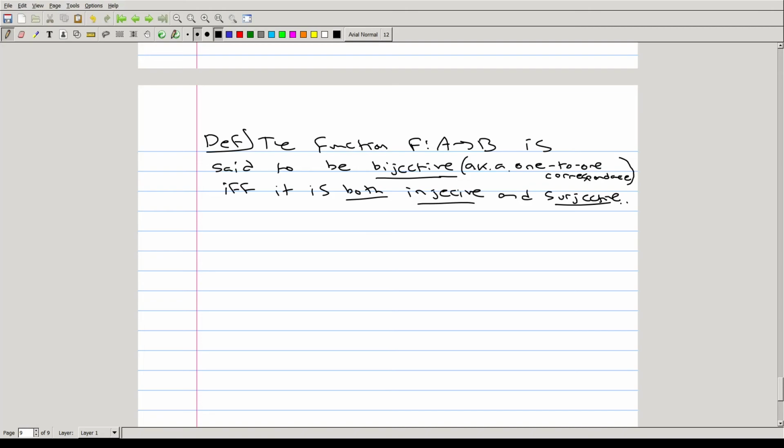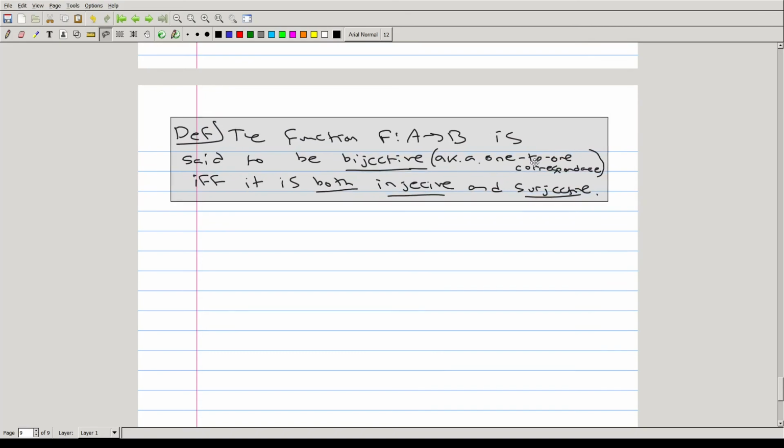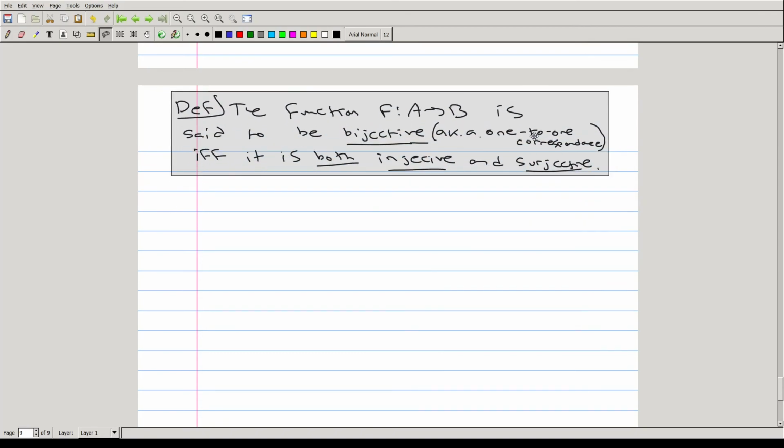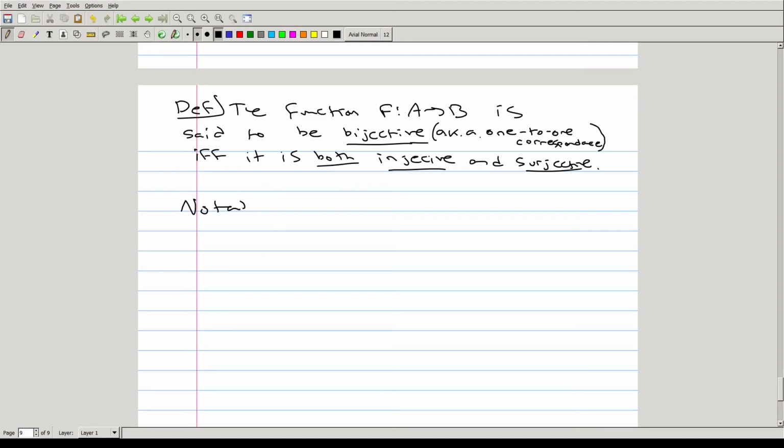And for such functions, we can actually define the inverse function of f, because of the fact that we have both injectivity and surjectivity. So every bijective function is invertible. I'll put a note here.